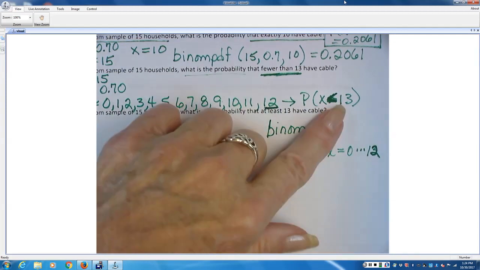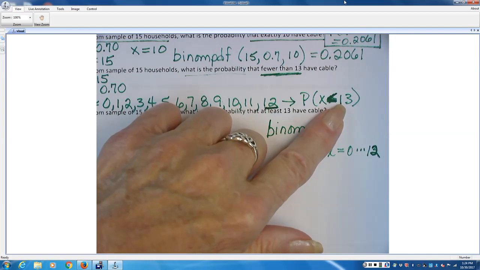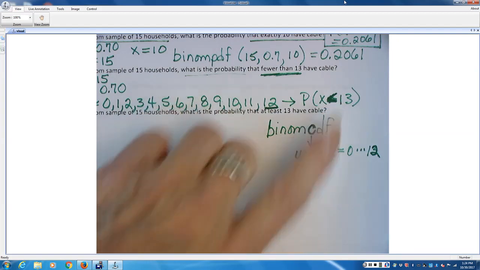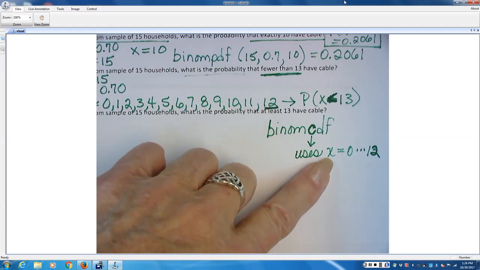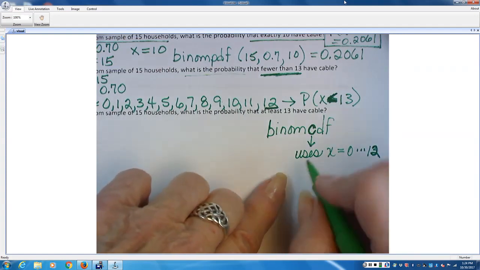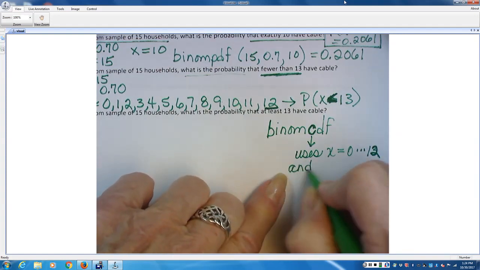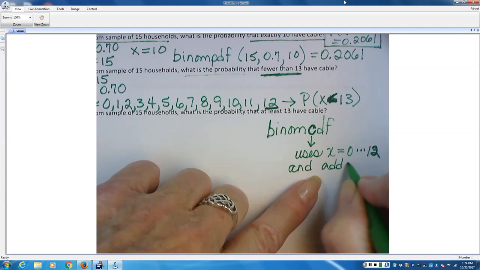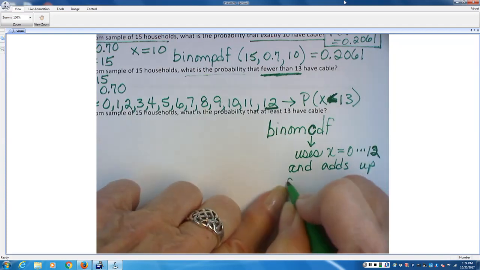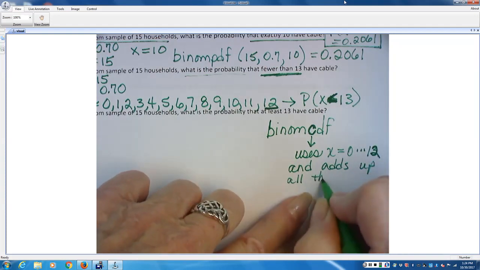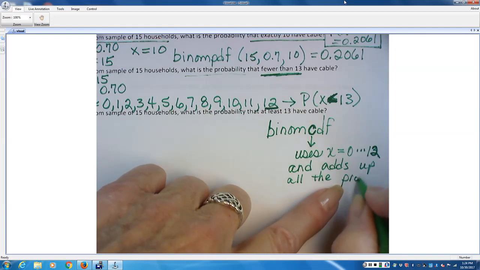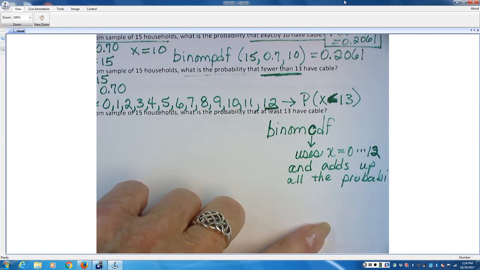So even though this says less than 13, we want to add up 0 through 12. We don't want to include 13. So it's going to use the values 0 through 12 and add up all the probabilities.